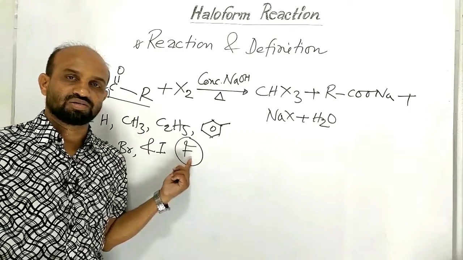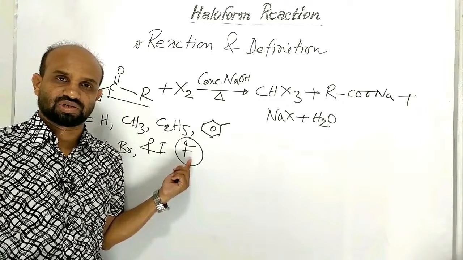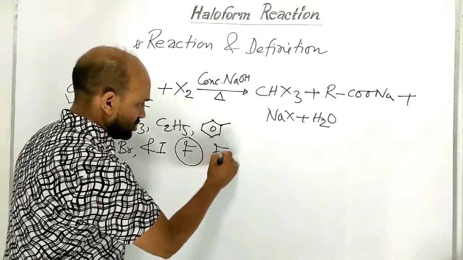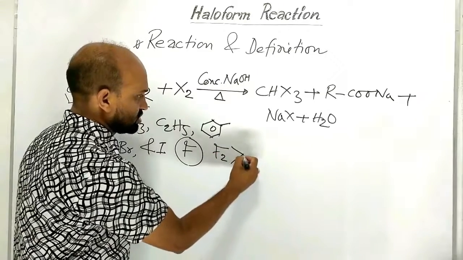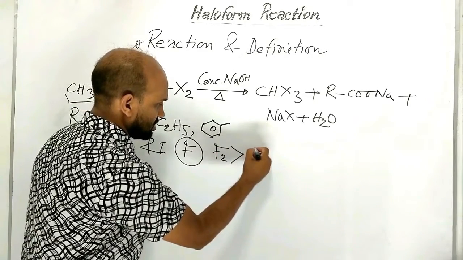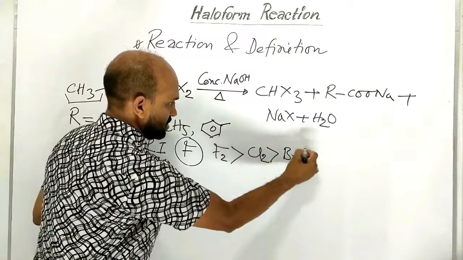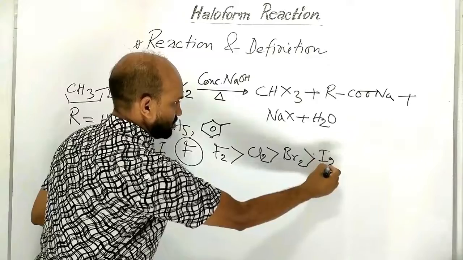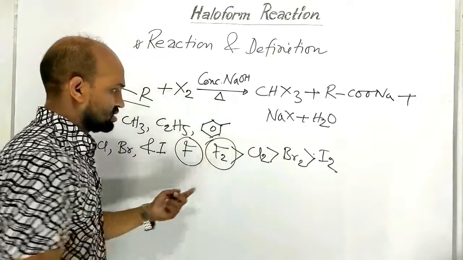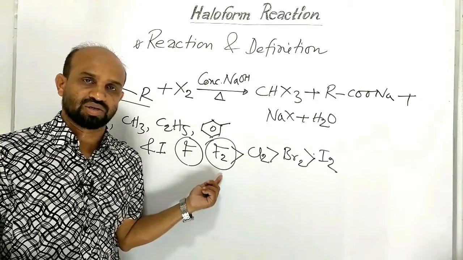Fluorine doesn't undergo haloform reaction because we know fluorine is a highly reactive element compared to other halogens like chlorine, bromine and iodine. This is an extremely reactive halogen.